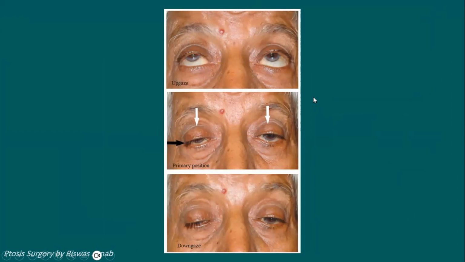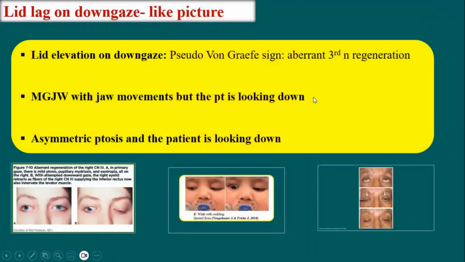So when you look down, there is relaxation of the levator, so the ptosis gets worse. Since we have asymmetric ptosis in the primary position, in down gaze there will be asymmetry. So it looks like lid lag, as if this eyelid is lagging. But this is just to enrich your knowledge.